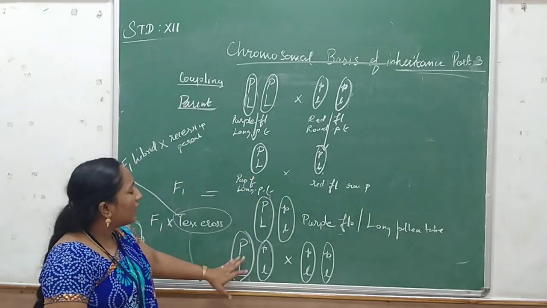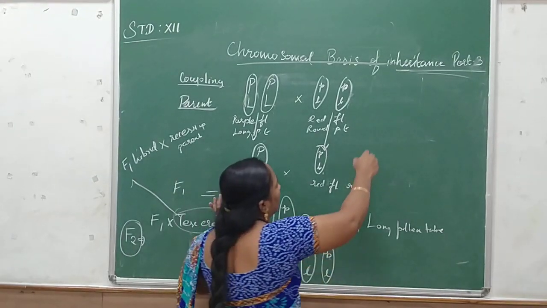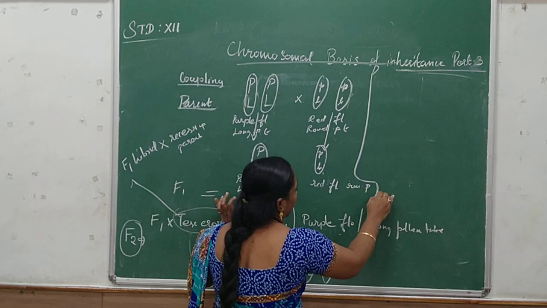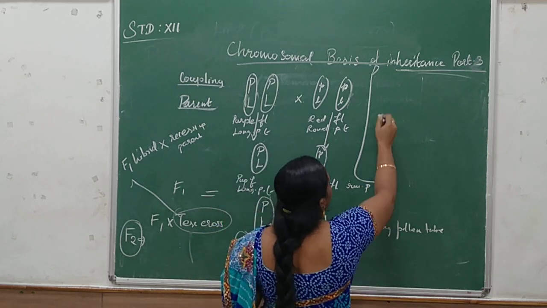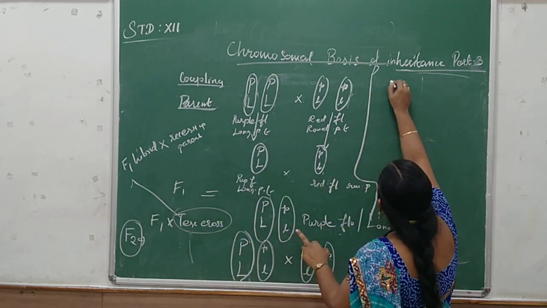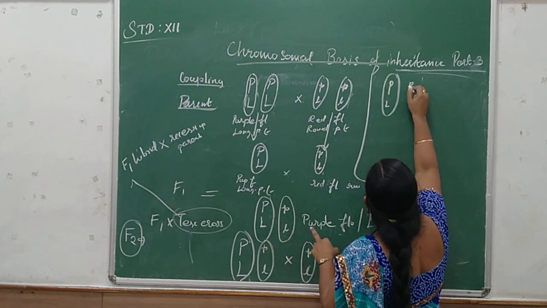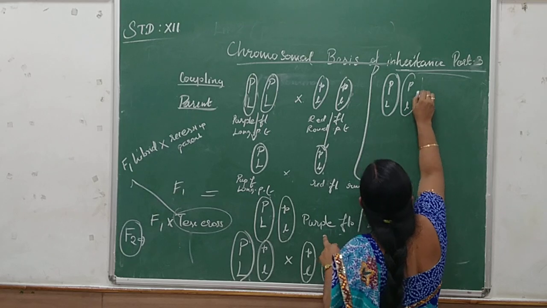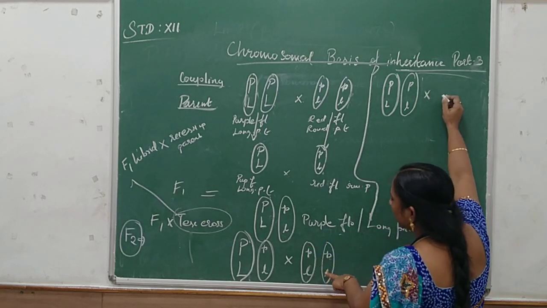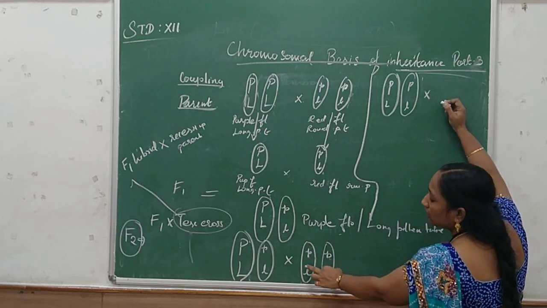Let's learn how we will be getting the F2 generation. Capital P, capital L, then small p, small l, crossed with the test cross recessive parent.